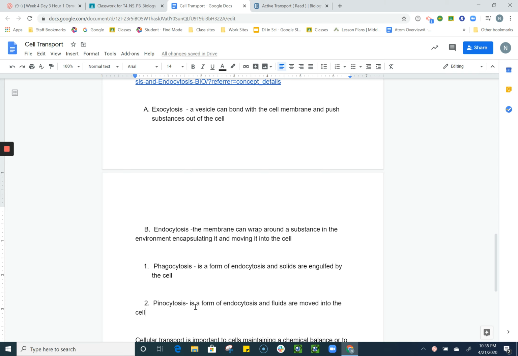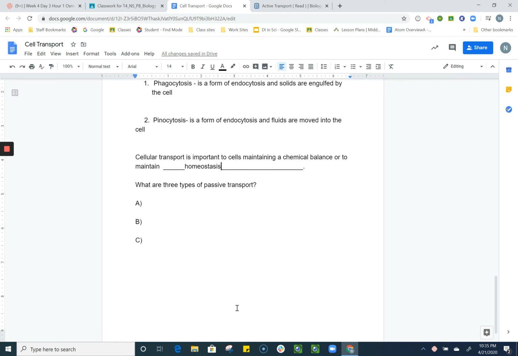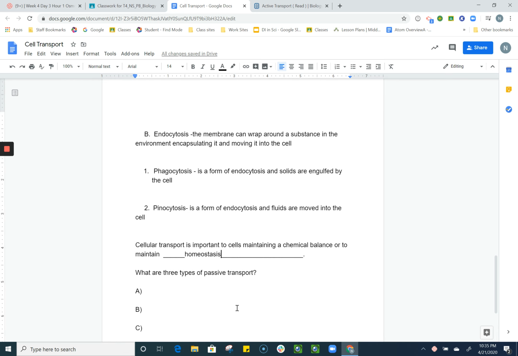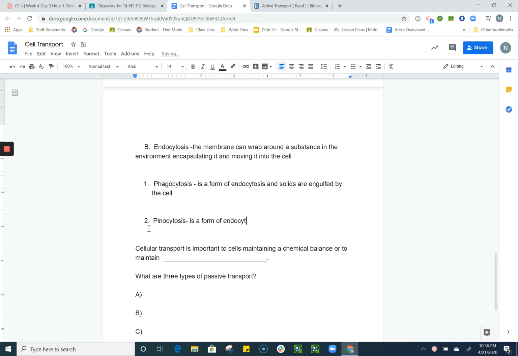Okay. All right. And cellular transport is important to cells maintaining a chemical balance or to maintain homeostasis. So here you can go down, write down the 3 types of passive transport, again, as a review. Okay, so you've seen me write this, so I'm going to back out of this because it may be changing the study guide, and I don't want to change other people's stuff.